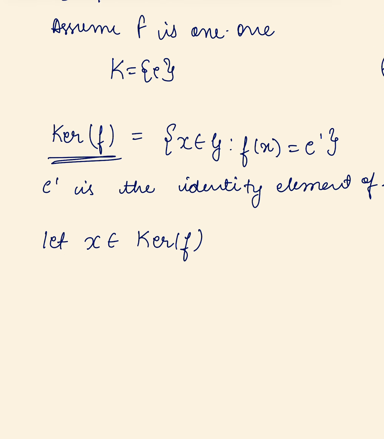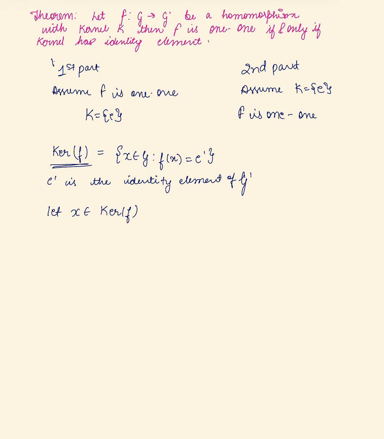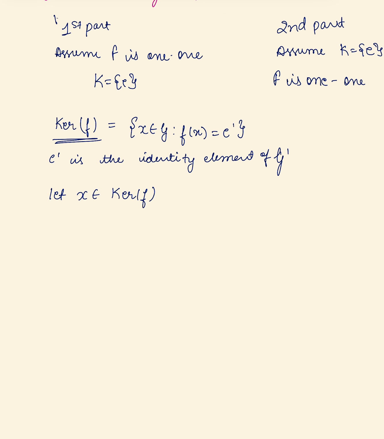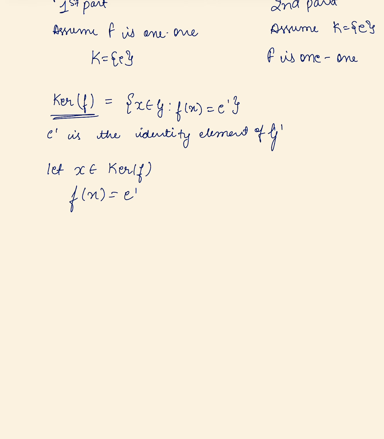So I have taken one arbitrary element of the kernel, x. According to the definition, I can write f(x) is equal to E dash, because images of kernel elements are equal to the identity element of G dash.